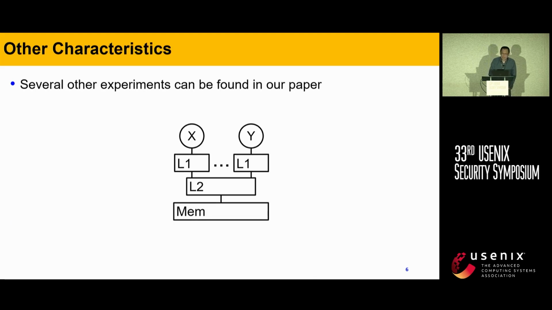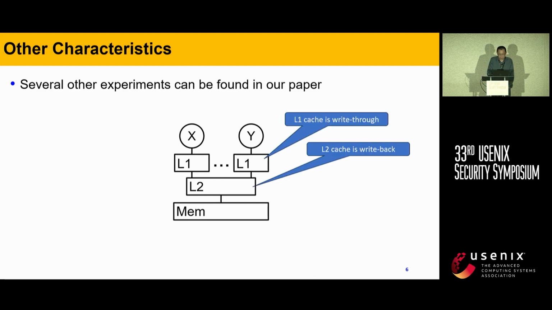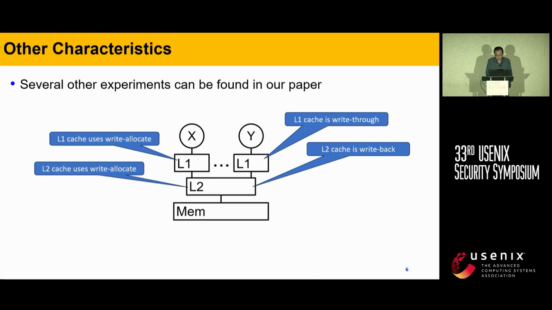We have designed several other experiments taking advantage of the discard instruction and L1 incoherence. We find that NVIDIA GPU's L1 is write-through, which explains the previous star because the final value really depends on the order of the writes. And L2 is a write-back cache.